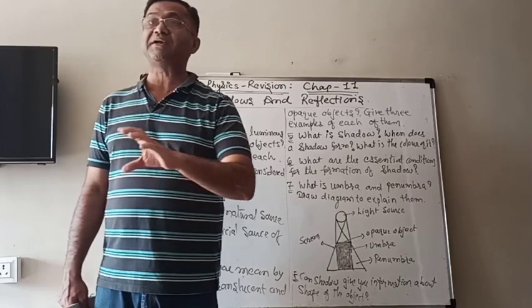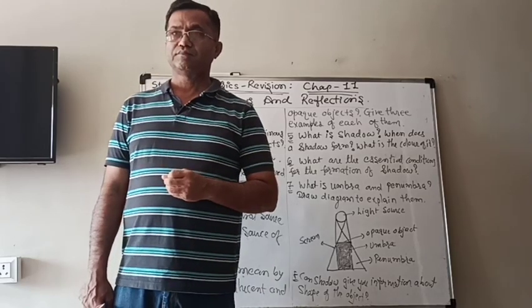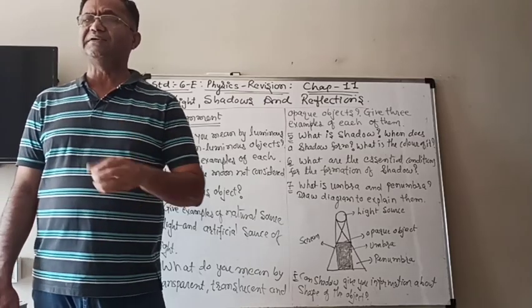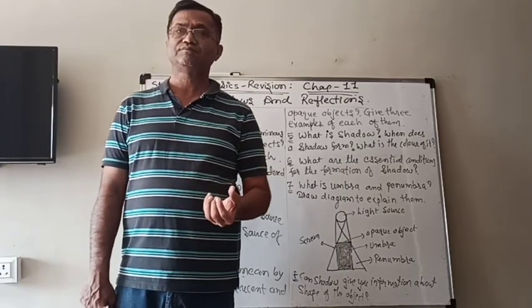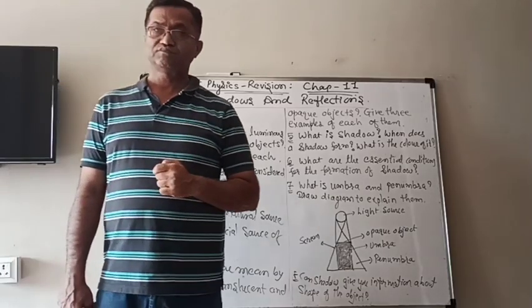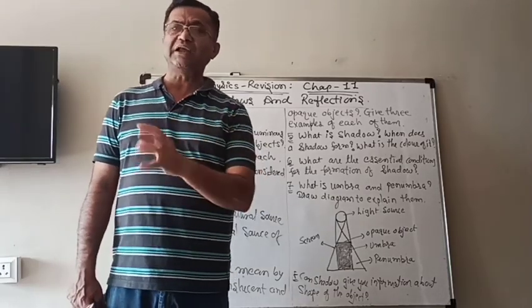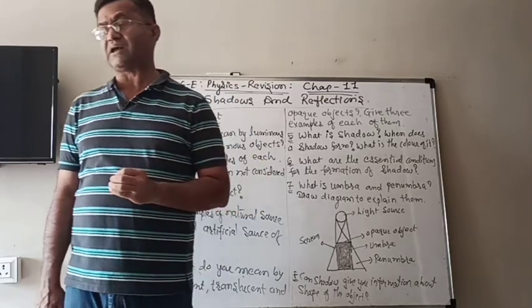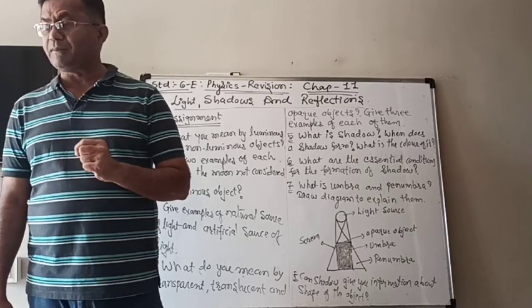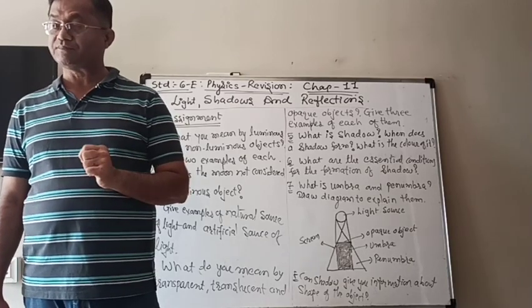Some part will be very dark, and some part in the shadow will be a little dark, not that dark. The darkest part is known as umbra, and the side parts which are a little lighter are known as penumbra.